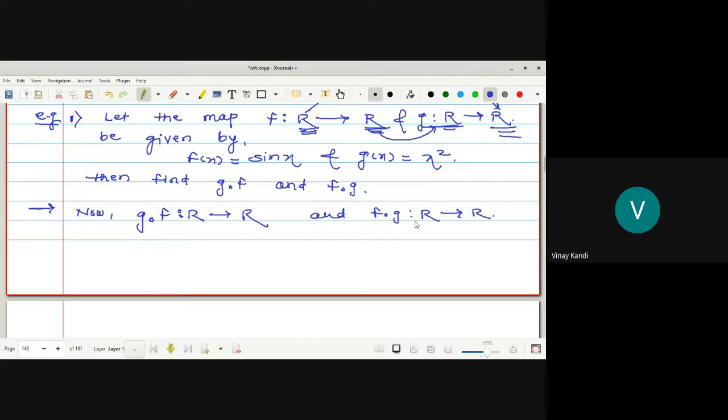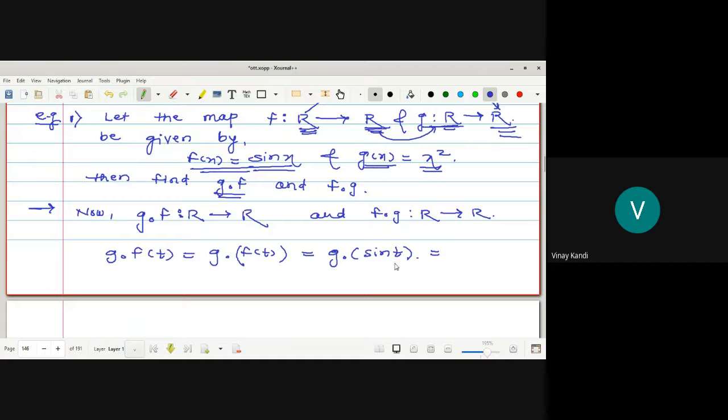Now g composition f of T, we have to find this one. G composition f of T is equal to first apply f on T. What is f of T? f of x is sin x, so f of T is sin T. So g of sin T. What is g of x? g of x is x squared, but we have to find g of sin T, so put sin T instead of x.